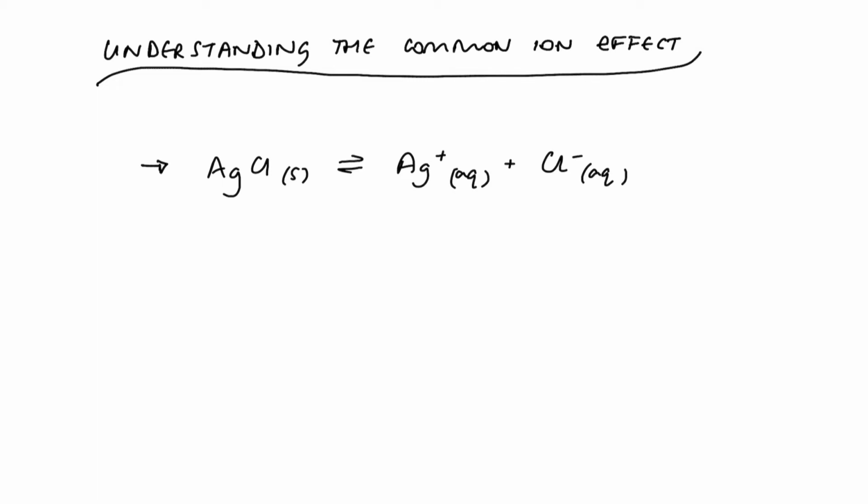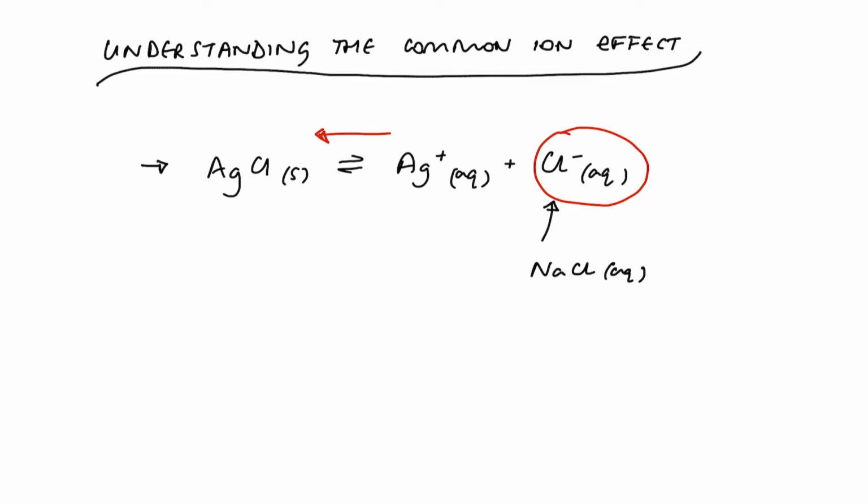What happens if I then add a common ion to my saturated solution? Let's say I add some sodium chloride. Well, Le Chatelier's principle tells us that if we increase the concentration of the chloride ions, the position of equilibrium will shift to the left.